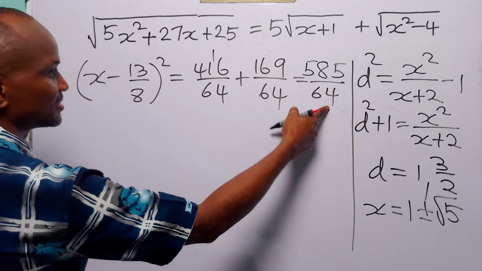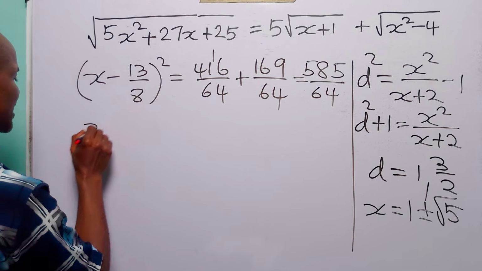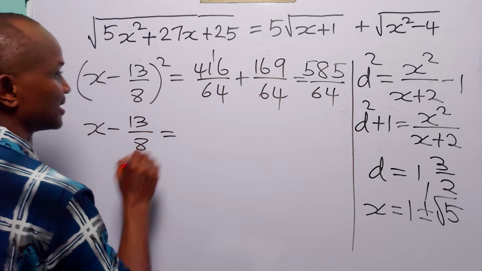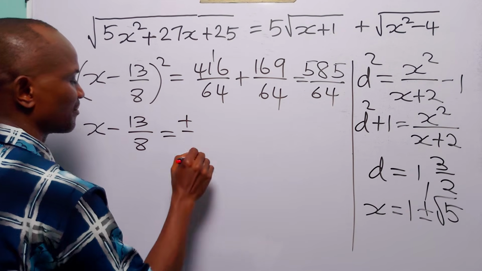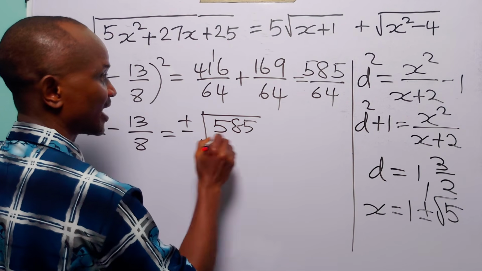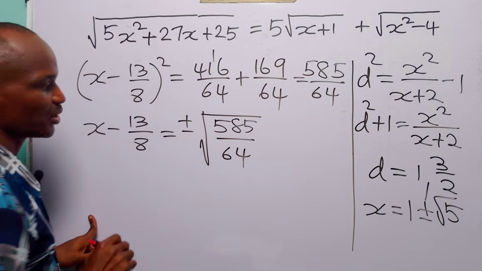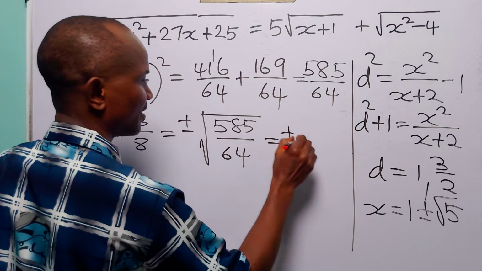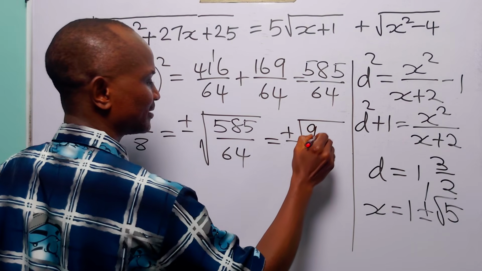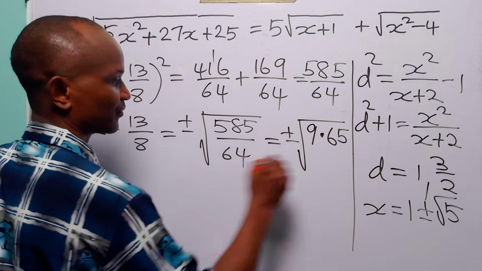Now, of course, the last thing to do is to take the square root of both sides of the equation. When we do that, we have x minus 13 over 8 equal to plus or minus the square root of 585 over 64. But 585 is 9 times 65.